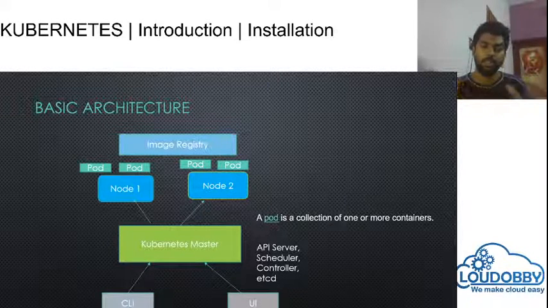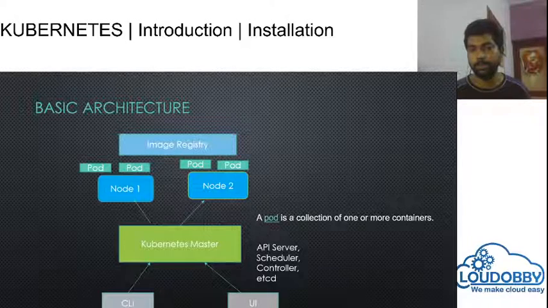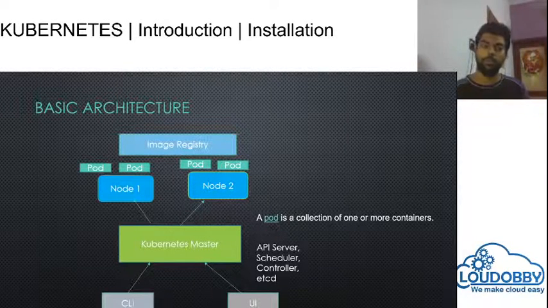A pod can have one or more containers, but we run the application on pods in Kubernetes, which sit on top of node 1 and node 2, controlled by the Kubernetes master. In Kubernetes we can use the CLI, command line interface, or we can use a UI. If you want a good interactive mode and you like a UI, there is a UI available for Kubernetes. What does the master contain?